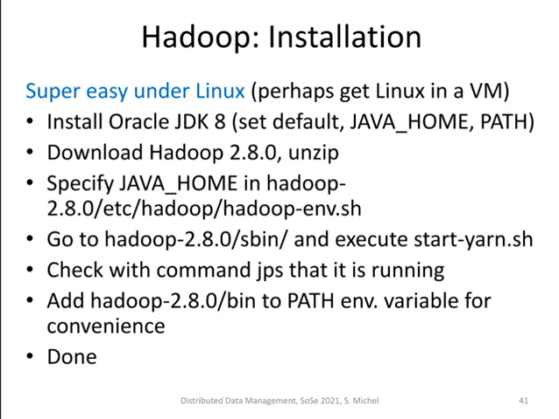As I said, we have provided a virtual machine. This is like the easiest way. If you want to install it yourself, you get a version, for instance 2.8. You install, for instance, Oracle JDK, and then you set up Hadoop yourself.